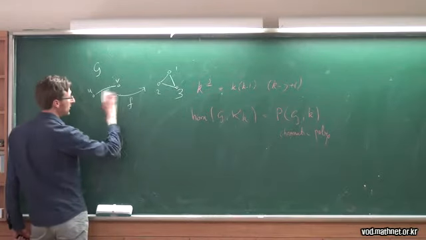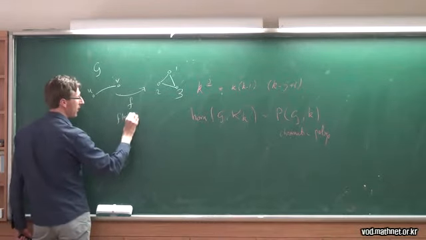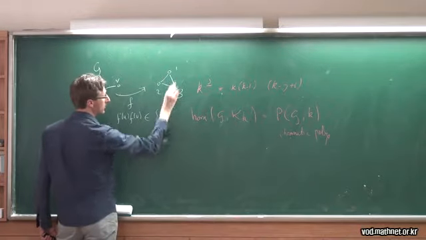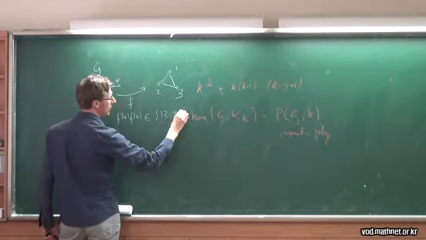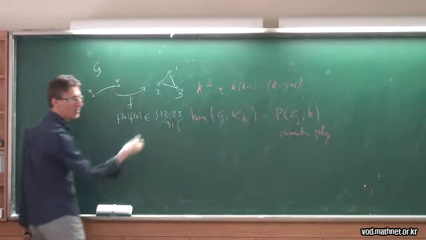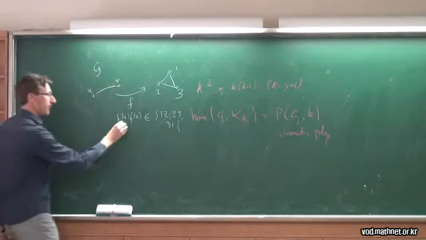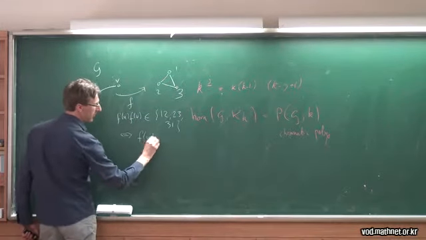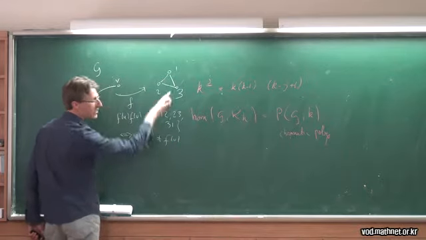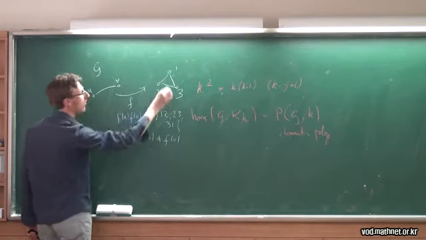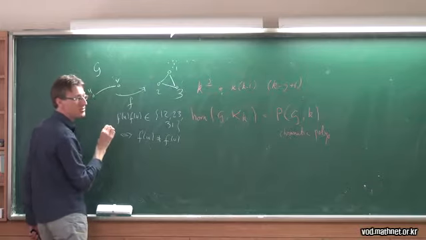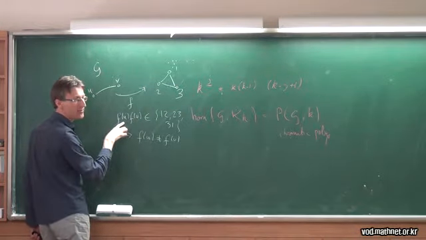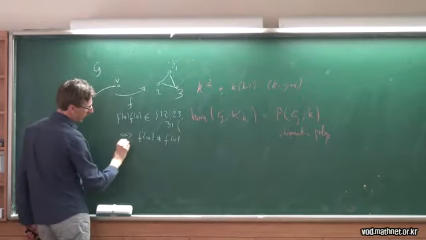I need f(u), f(v) to be an edge in here. So what are the edges? 1, 2, 2, 3, 3, 1 in any order. And so this is precisely saying that I just want them to be different. I have a free choice as long as they're different. All I'm forbidding is going to the same. I can't have f(u) equal to f(v).